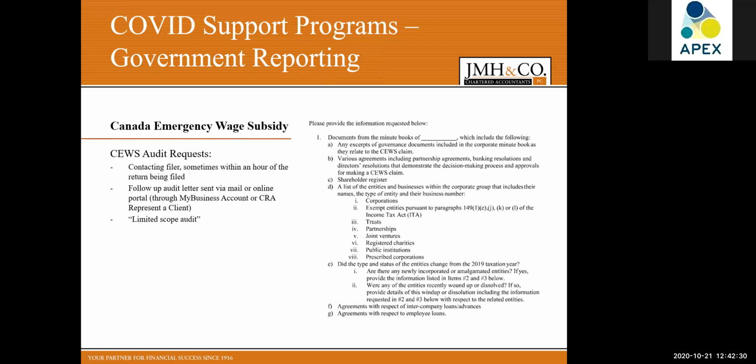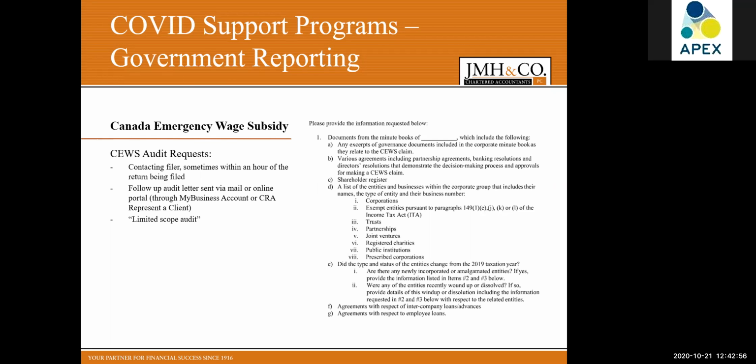They want agreements that you have in place: partnership agreements, banking resolutions, director resolutions that demonstrate your decision-making process and approvals for making the CEWS claim. So they want to know that those directors, that board that approved this claim, are actually, per your agreements, entitled to make the decision to apply for it.